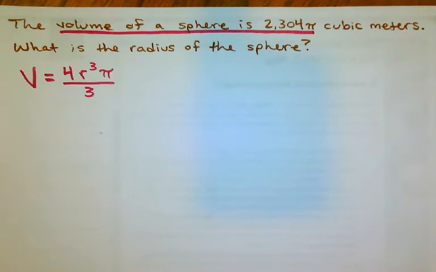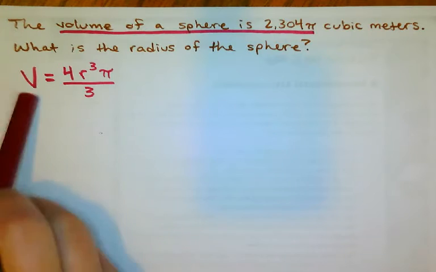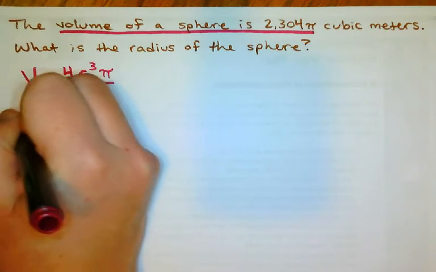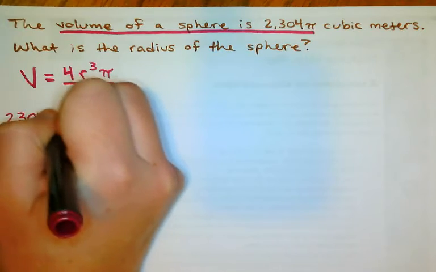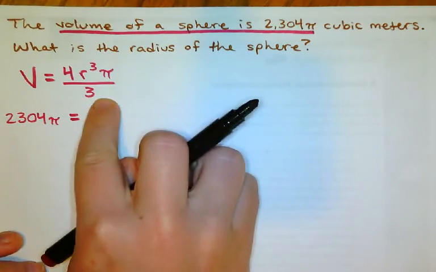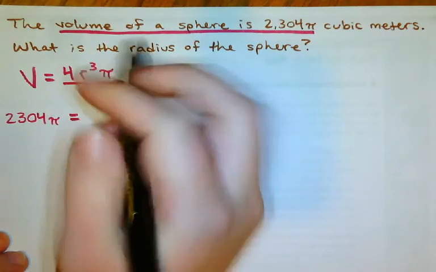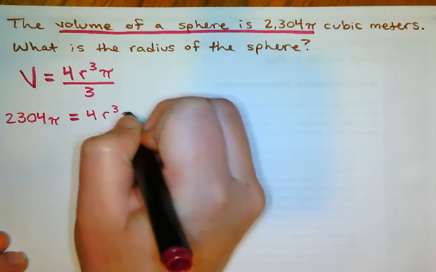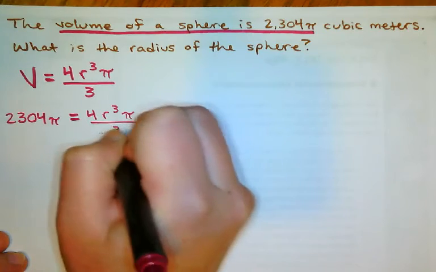So what I'm going to do is plug that into my formula here, so we know that V is 2,304 pi, and then this is our formula for volume, so I'll put my formula for volume on the other side. So 4r cubed pi divided by 3.